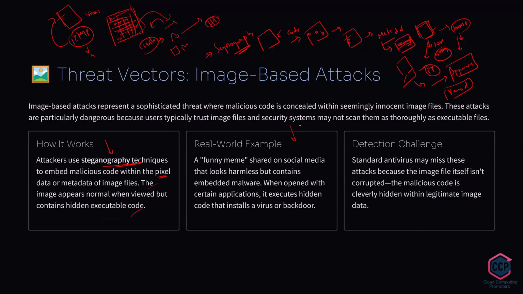But indirectly there is hidden malicious code embedded in that image through the steganography technique. And the detection challenge we face is that standard antivirus may miss these attacks, because the image file itself isn't corrupted. The malicious code is cleverly hidden within a legitimate image.